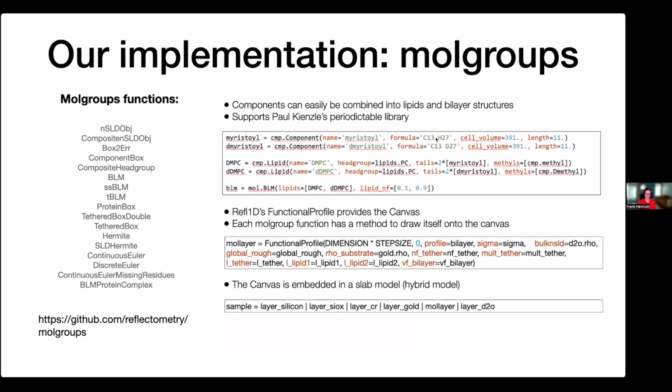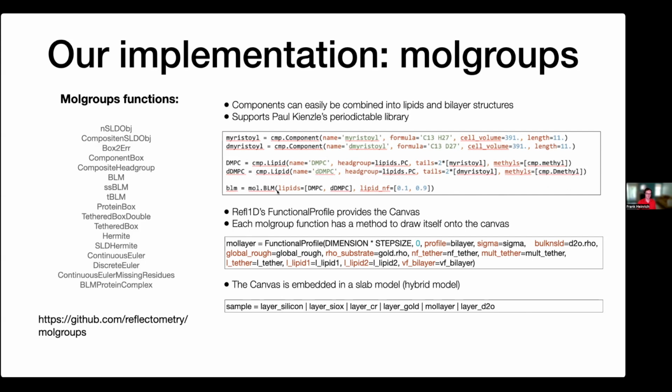It knows the difference between H and D, so taking into account proton exchange is relatively easy. Then you can take those components and compose them into lipids in a relatively straightforward way, shown here for DMPC. You take your tails, you take your head groups, you define what type of methyl you want to have, because there are different types of methyls, and then you have your lipid molecule.